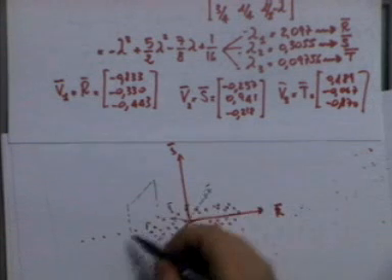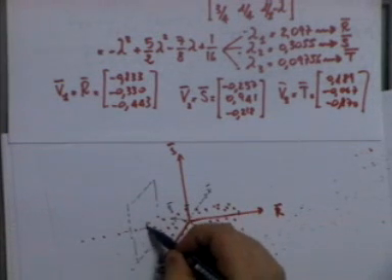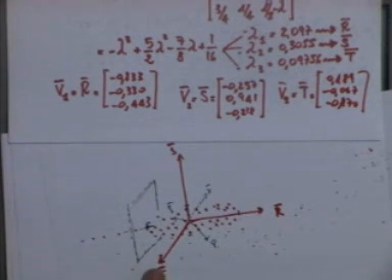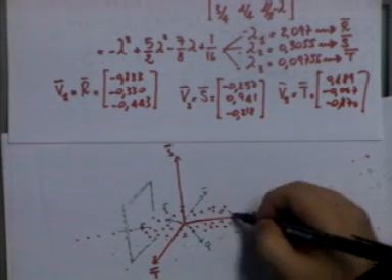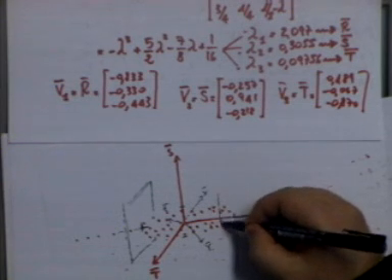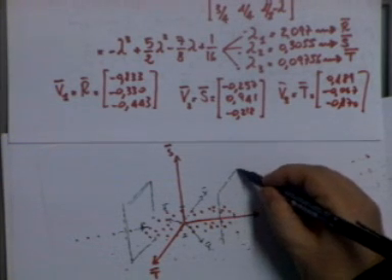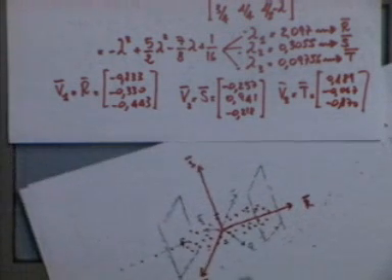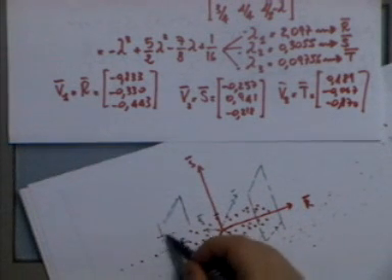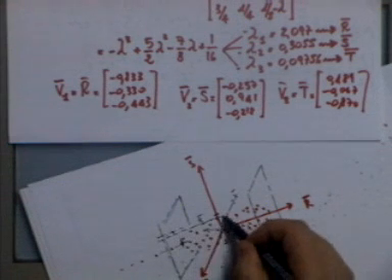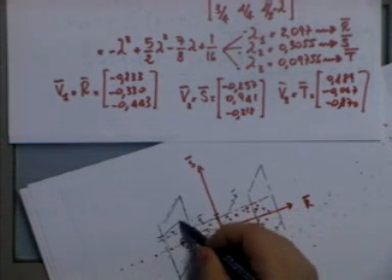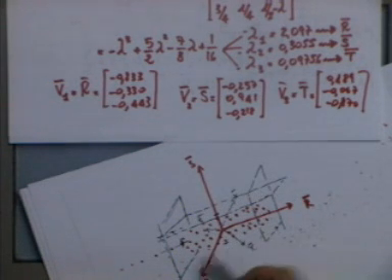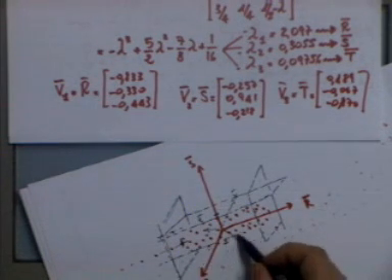Can you imagine the plane which is intersecting the axis over here, and it's made something like this, and you have another plane like this. And then of course you would have another plane like this, and another one like this.